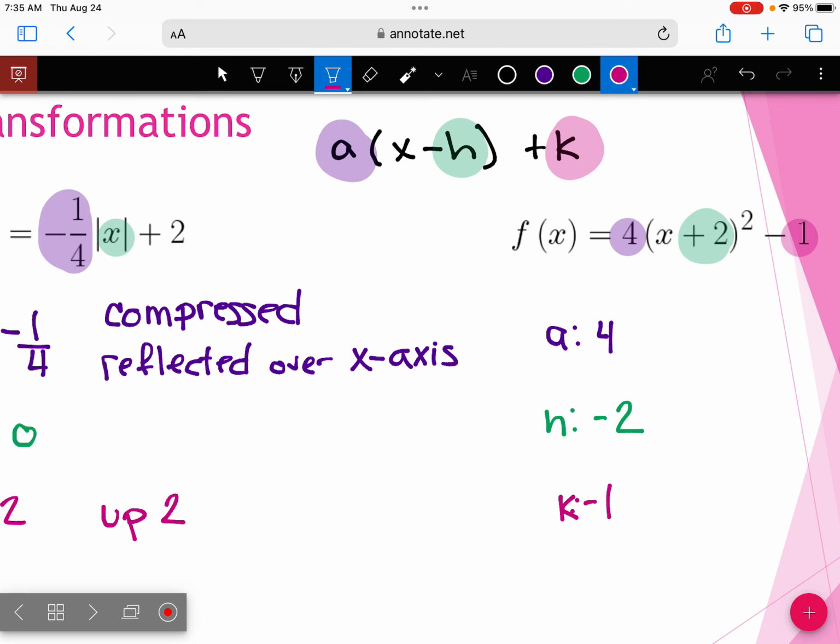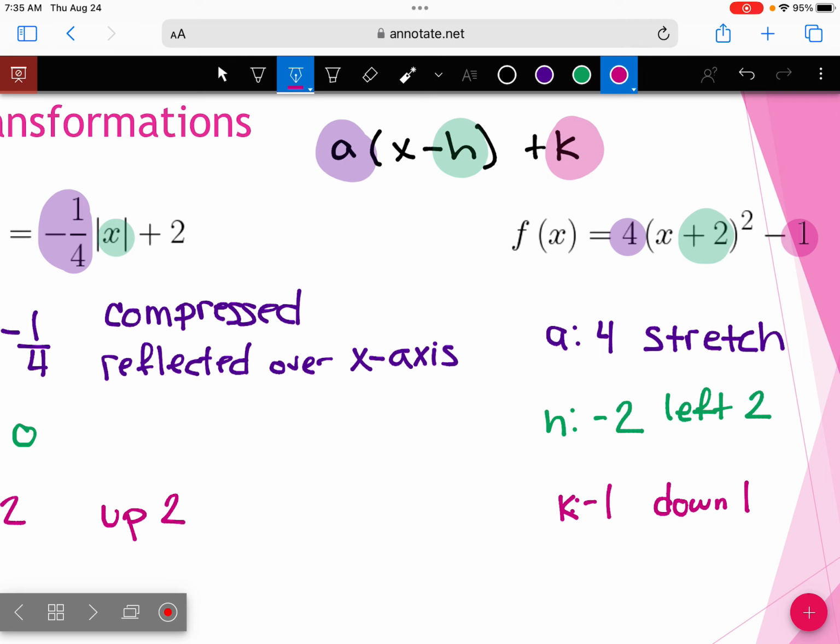So an a of 4 tells us what? Stretched. An h of negative 2 tells us what? Left 2. Good. How about k of negative 1? Down 1. Okay. Feeling okay on those?